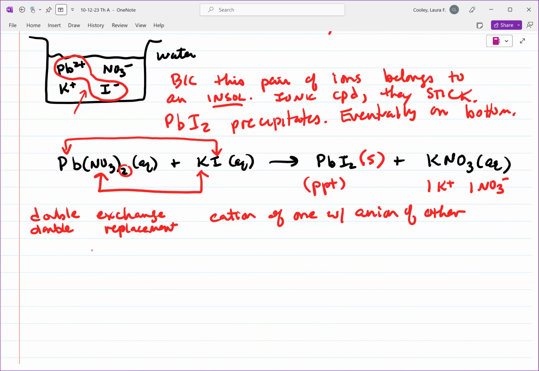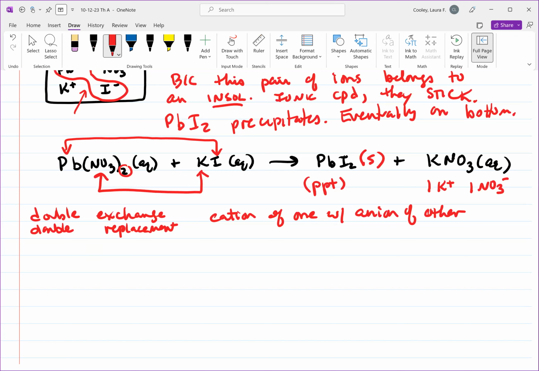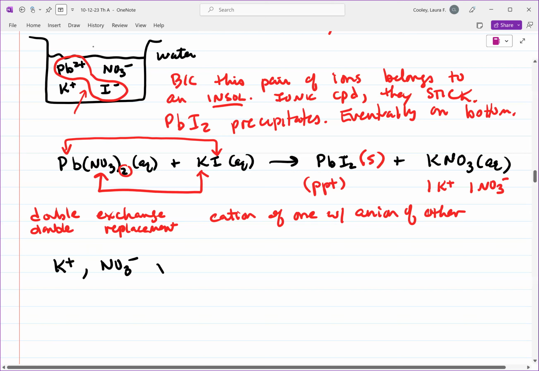But I've got to ask you, what do you think is happening with the K plus and the NO3 minus ions? Do they stick together? No, because they do not belong to an insoluble ionic compound. The K plus and the NO3 minus ions are still just floating in solution.